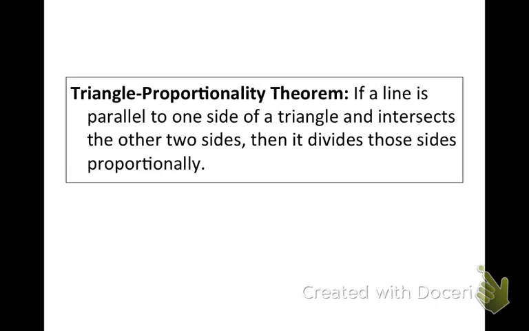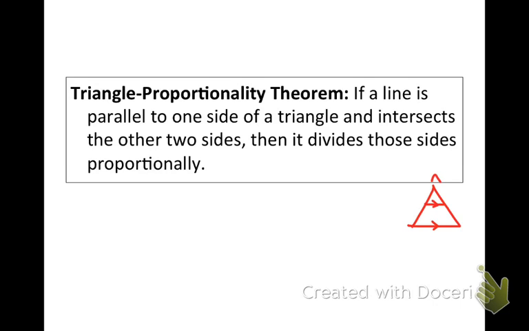So if you want to make a little diagram, I guess I should probably do this on the actual slide, so it's on there for the world to see. If you remember what I just showed you, if we have a triangle, we have a line that is parallel to the third side and intersects the other two sides, then it divides it proportionally.